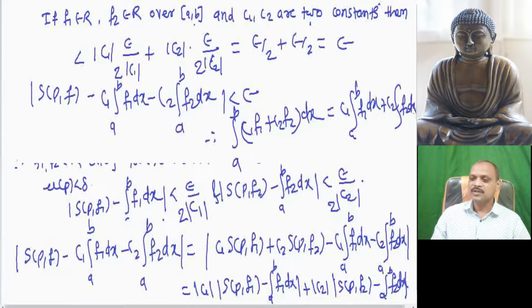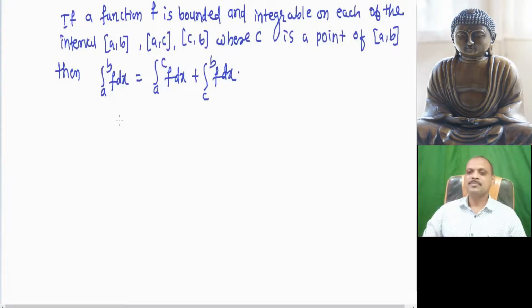If f is bounded and integrable on each of the intervals a comma b, a comma c, c comma b, where c is a point of a comma b, then integration of f between the limit a to b equals integration of f between the limit a to c plus integration of f between the limit c to b.